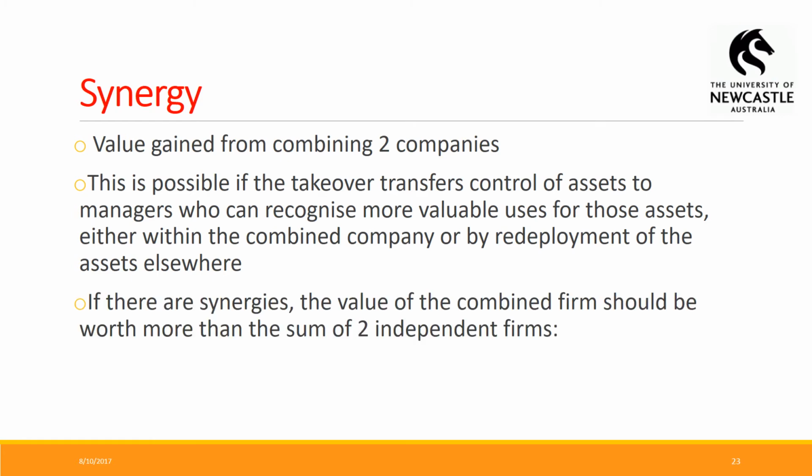Right. So by definition, if there is synergy, we would expect the value of the combined company to be higher than the sum of two independent companies, right? So the value here comes from managing the assets of the two companies together.